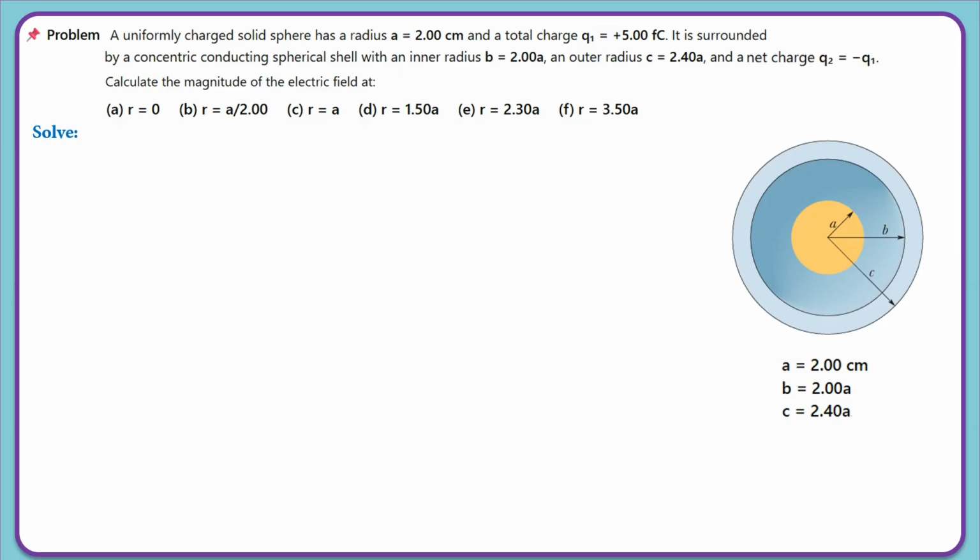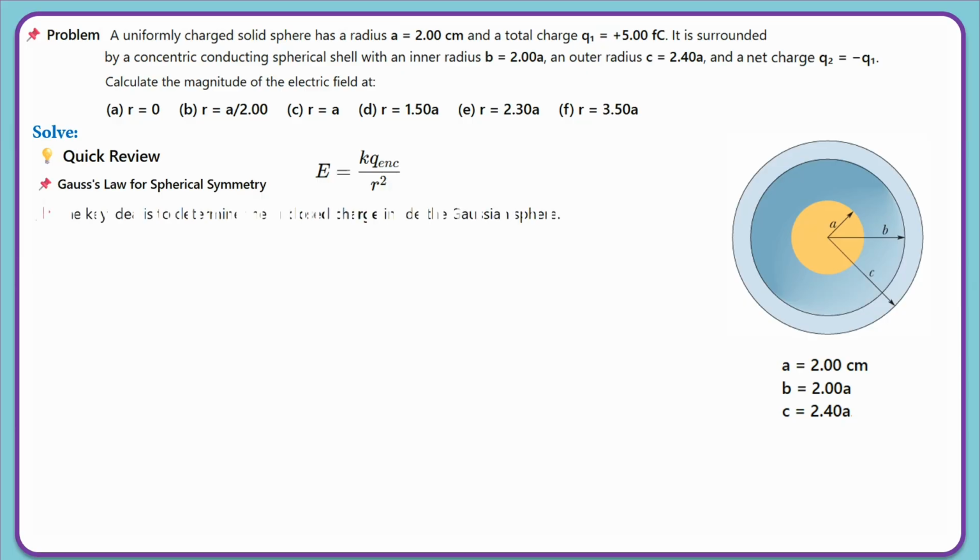Before starting the calculations, let's analyze the different regions and quickly review the key formula. As we know from Gauss's law, the electric field depends on the enclosed charge. For spherical symmetry, we use E equals K times Q enclosed divided by R squared. First step is always asking, how much charge is inside the Gaussian surface?